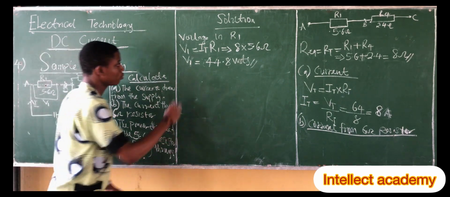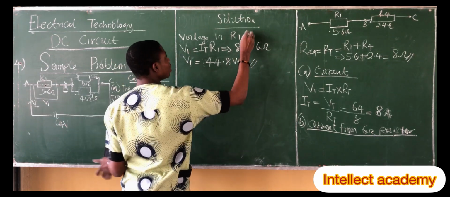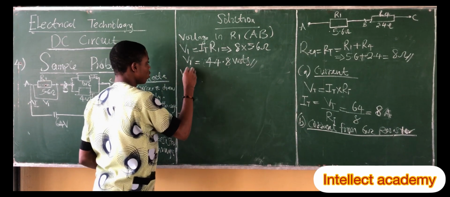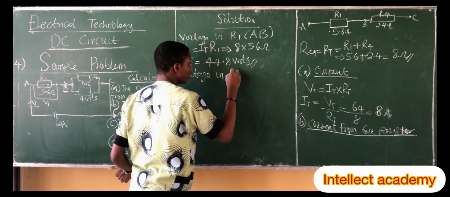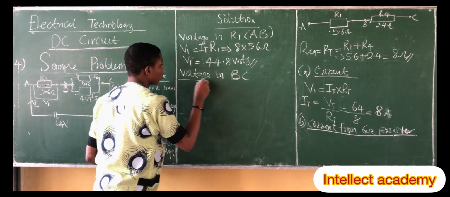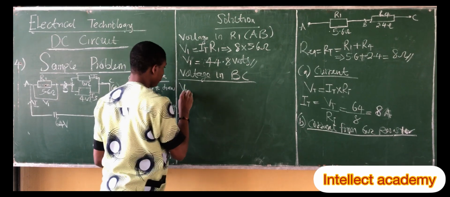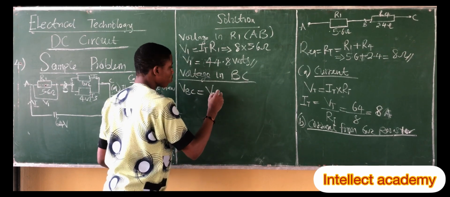Take note that the voltage at R1 is the voltage at AB. So the voltage in BC, which is VBC, is equal to the source voltage, the total voltage, subtracted by what?